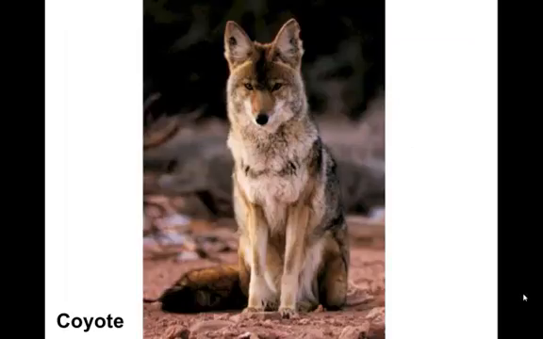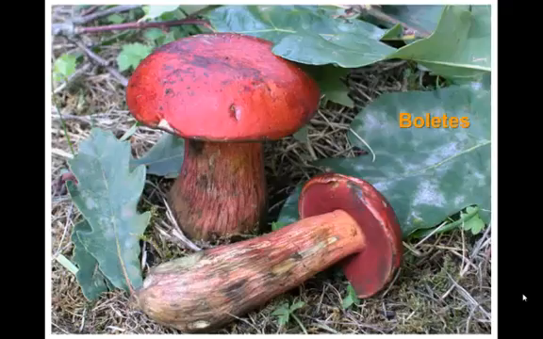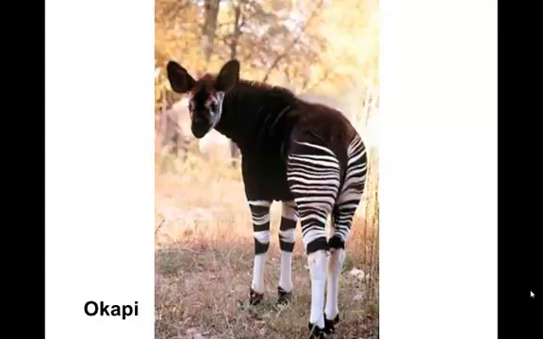So animals as diverse as a coyote, a king snake, a mushroom. These are boletes, a particular kind of mushroom. Here is something that you have seen in the cells lab. The plant Elodea is seen under a microscope, so you can actually see the cells. Here's a south view of a north-bound okapi, a relative of a giraffe that lives in forests.